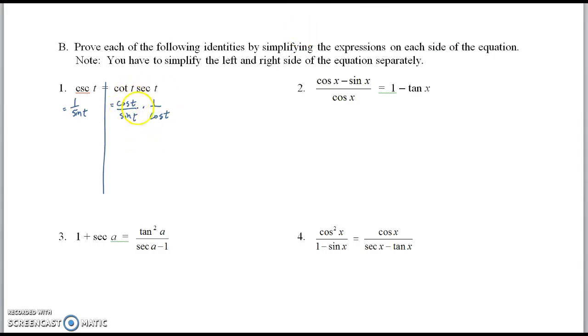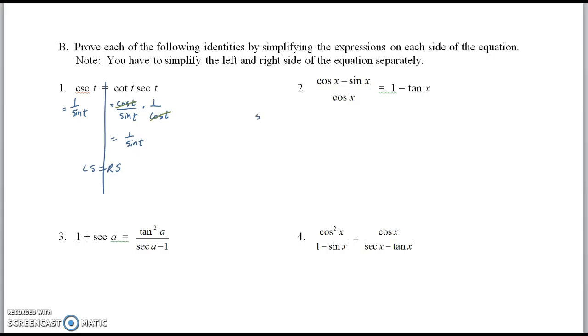Now look for things that cancel, and make sure you can only cancel when they're multiplied, not when they're subtracted. So you cancel off the cos t's, and you're left with 1 over sine t. Life is good. Left side matches right side.